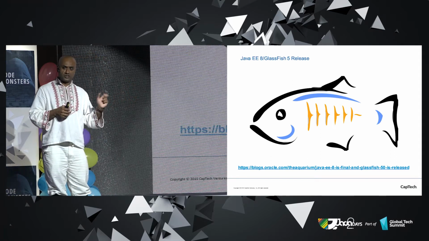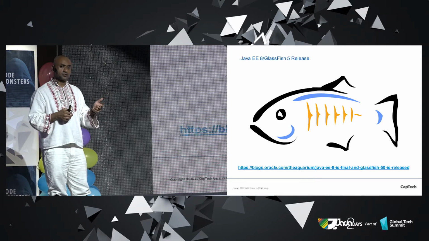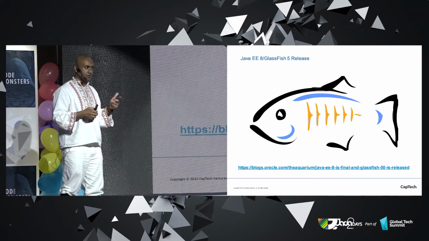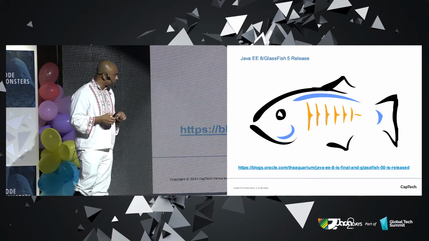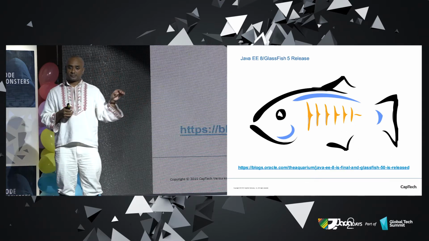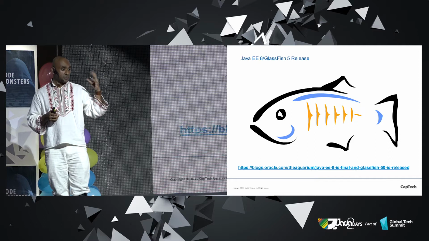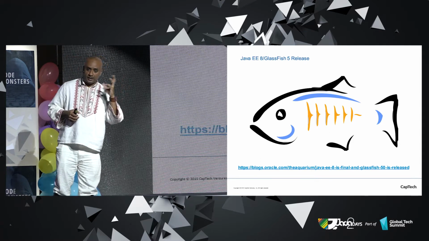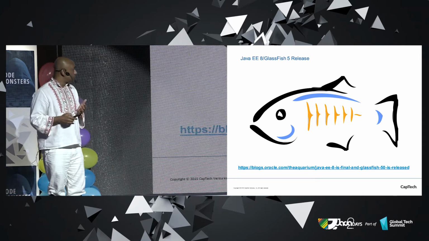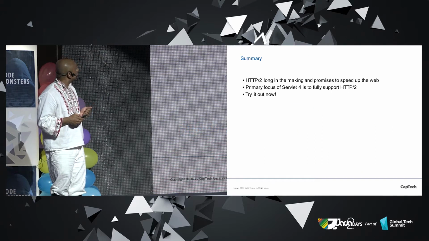I think Tomcat and Jetty are also very close; very soon they'll implement the Servlet 4 TCK as well. But right now you can go and download Java 8 and Glassfish 5, and you'll be able to test out how Servlet 4 and HTTP 2 look in action. And I hope you're going to go ahead and do that.